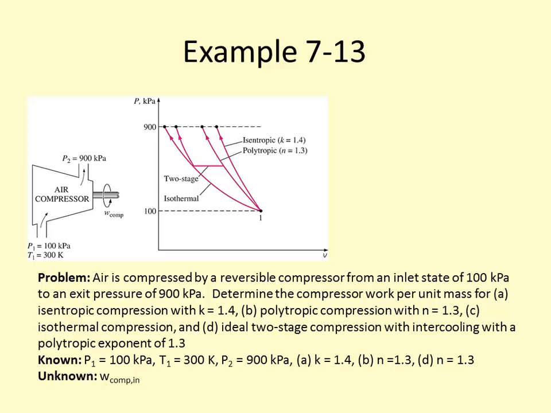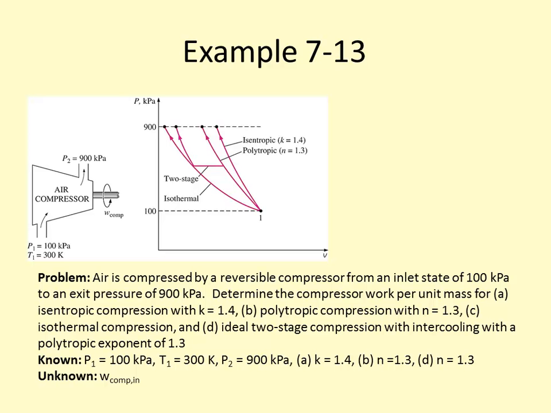Okay, so if we put in the numbers, it's the square root of 900 times 100, which equals 300 kilopascals. So this is the intermediate pressure to which we will compress.